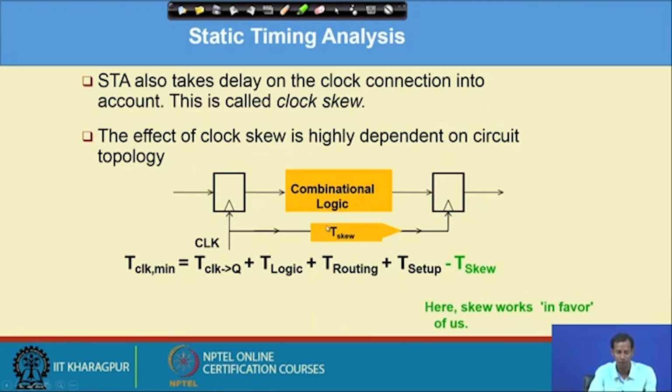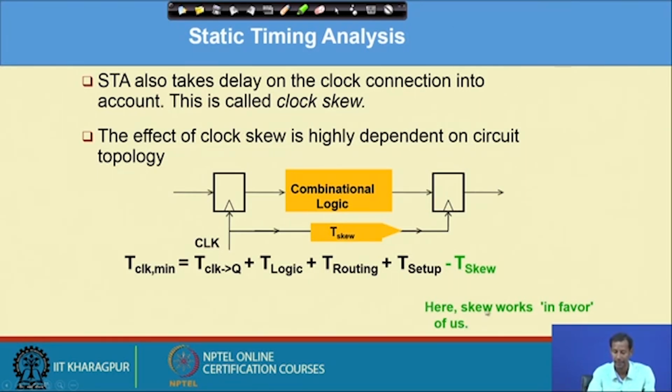But for the time being, if this clock has a skew that is in favor, meaning from this path to this path the clock skew is positive, then this T skew will be subtracted from the corresponding delay. Why?